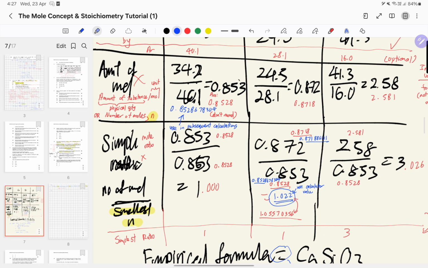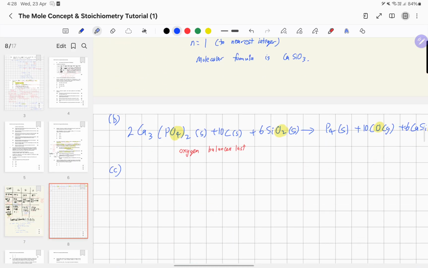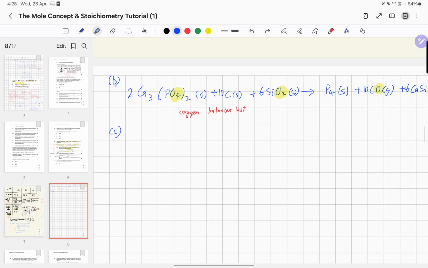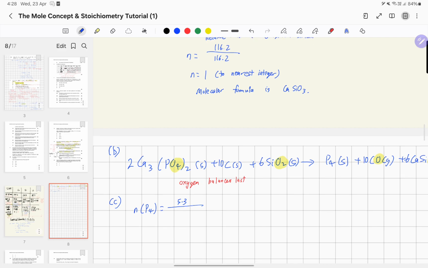First off, you're given the mass, 5.3 grams of phosphorus. Now I need to calculate the number of moles of phosphorus. 5.3 divided by P4.